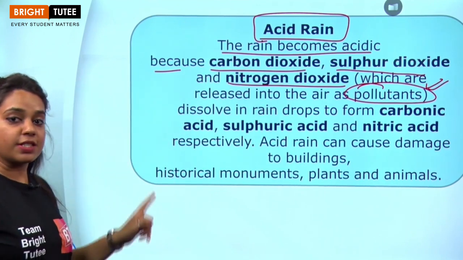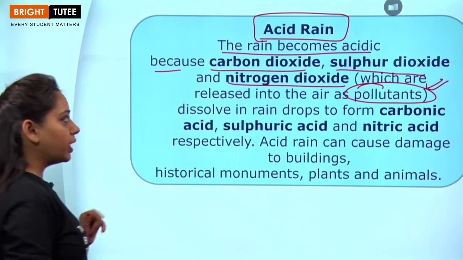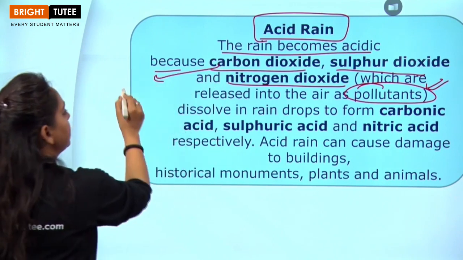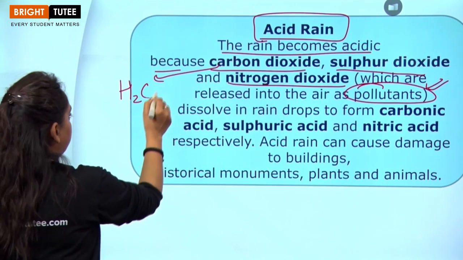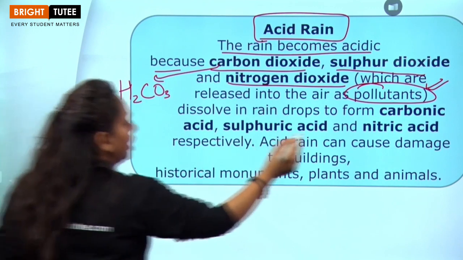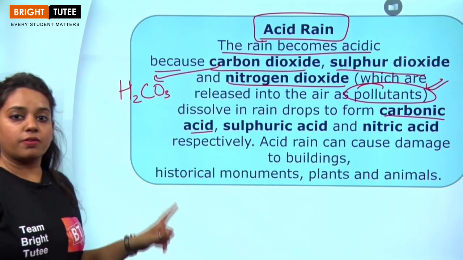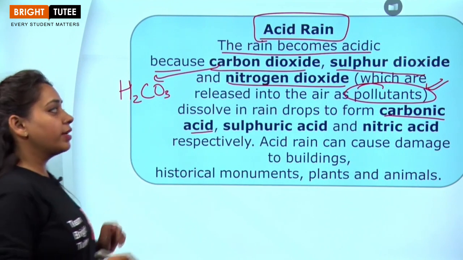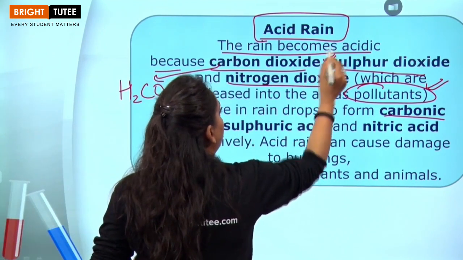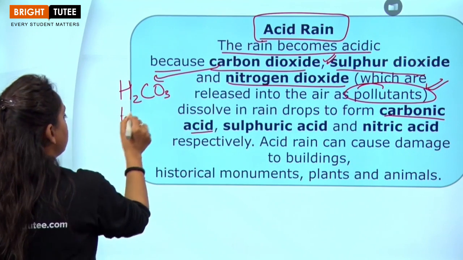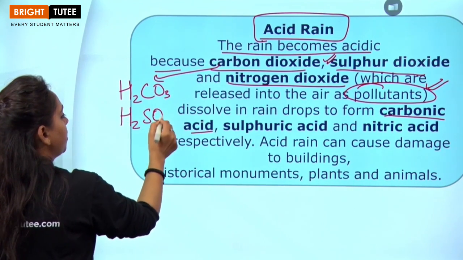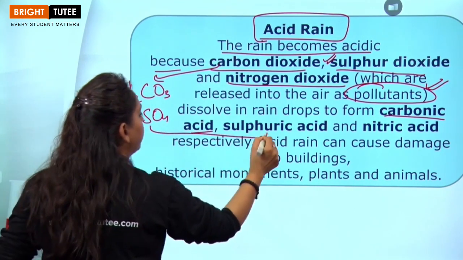When these gases dissolve in the water droplets, we get carbonic acid. H2CO3 is the formula for carbonic acid, and this is obtained when carbon dioxide dissolves in water droplets. Then when sulfur dioxide is dissolved in water, we get sulfuric acid, H2SO4.